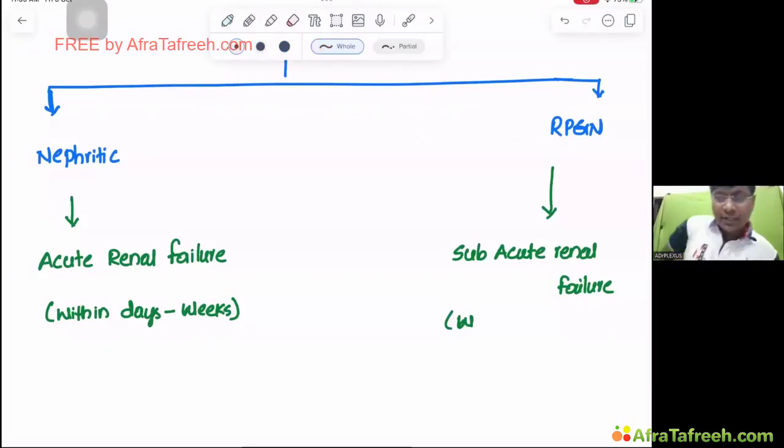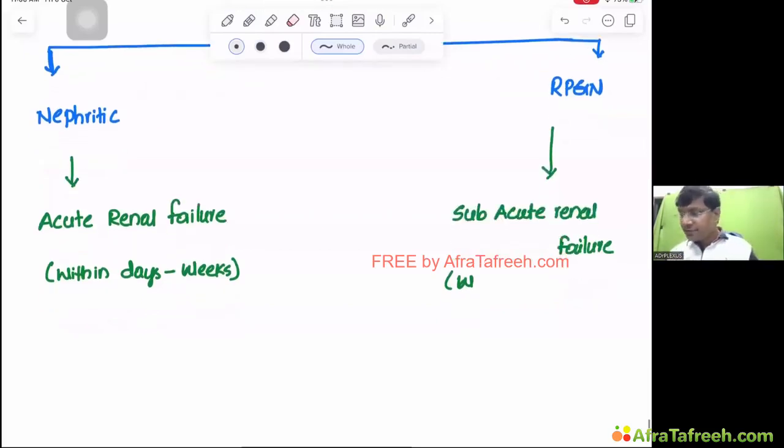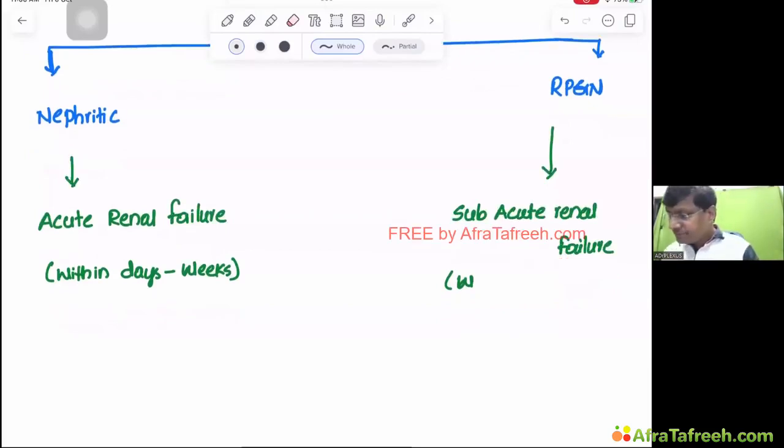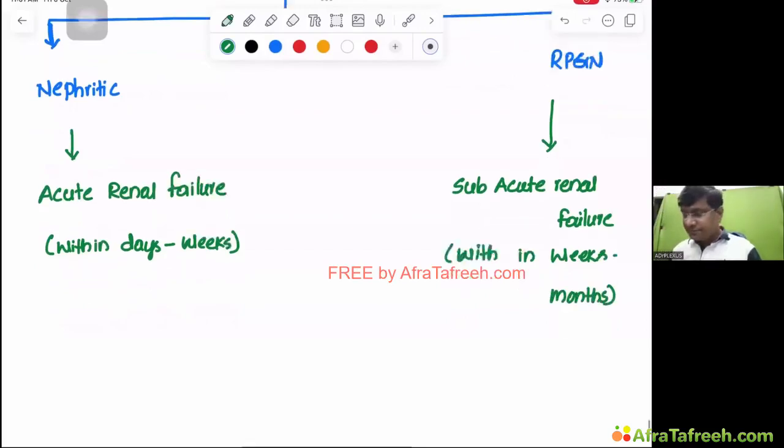So in case of RPGN, the type of renal failure that you will have is subacute renal failure, where the individual develops renal failure within weeks to months. Okay, that is in RPGN.